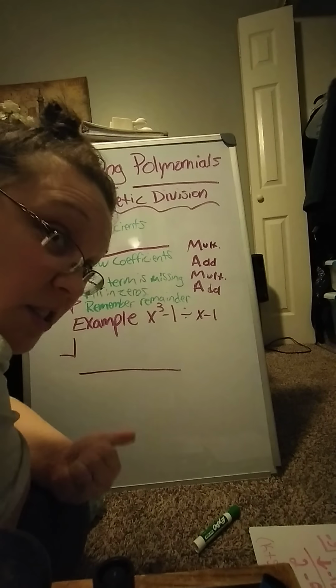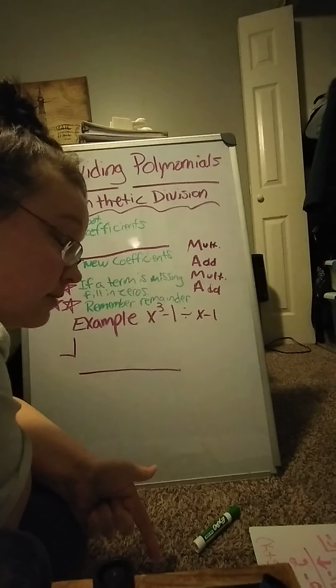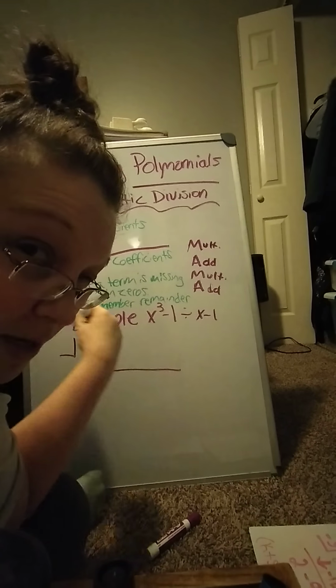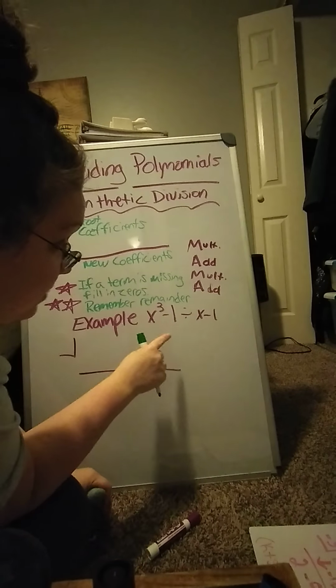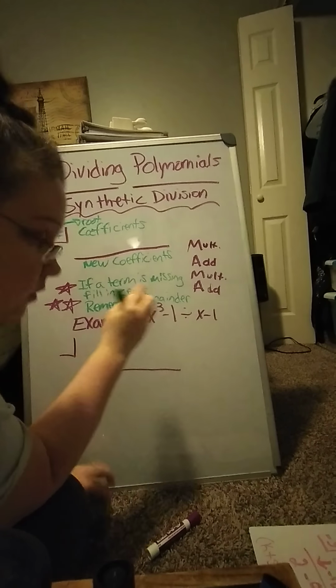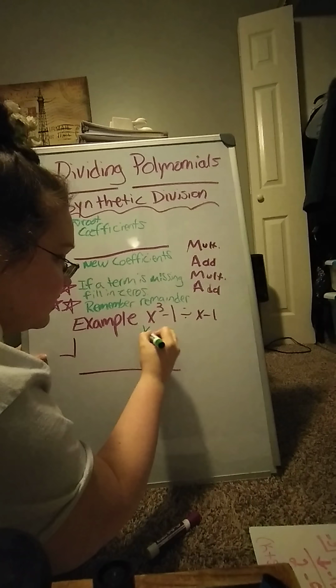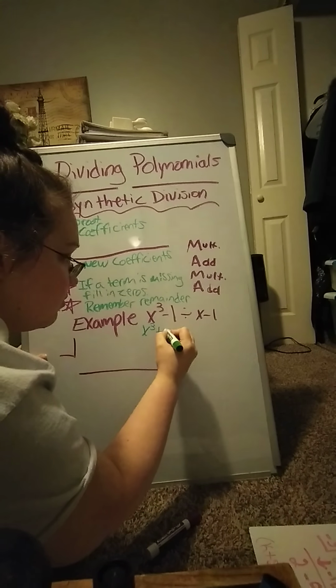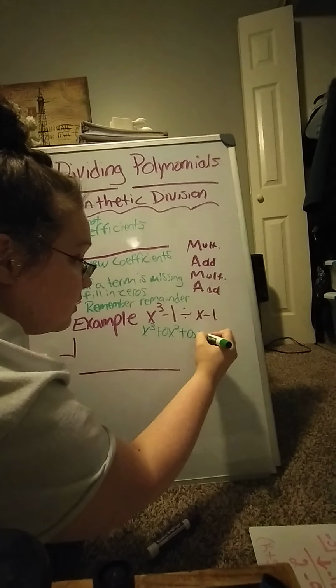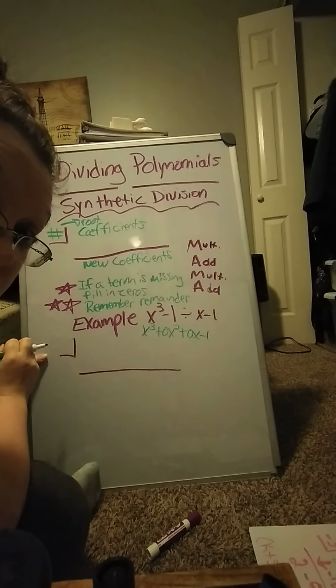I'm missing an x squared term, and I'm missing an x term. So I need to write this out with all of my terms in there. But remember, if the term's missing, it's really a 0, okay? So this is the same as x cubed plus 0x squared plus 0x minus 1, okay?